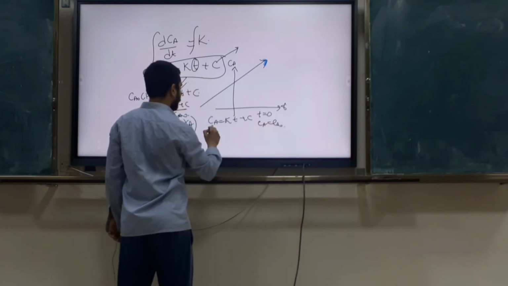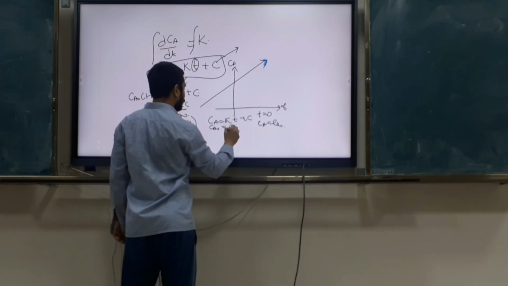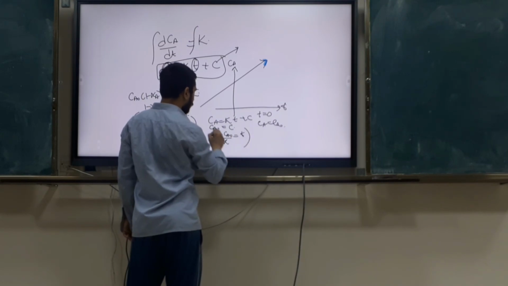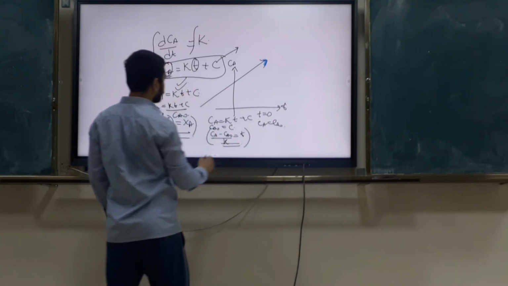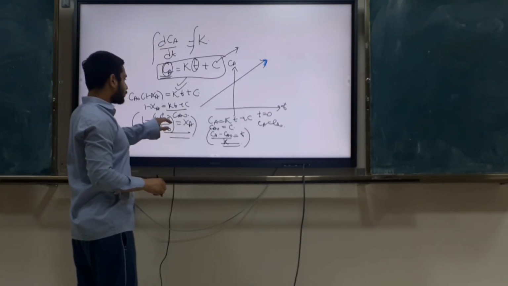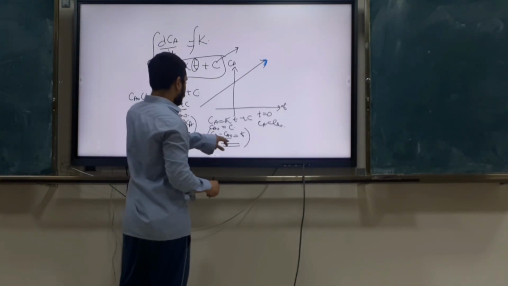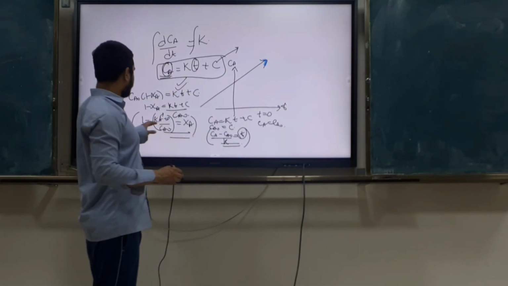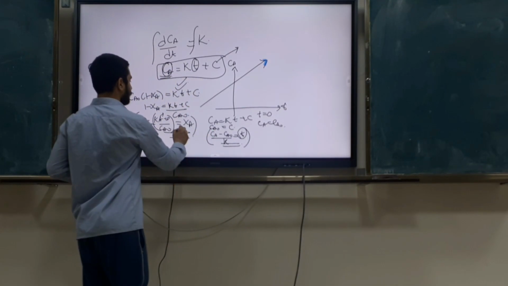So Ca naught is equal to C. So Ca minus Ca naught upon K is equal to t. So we can also find what is the time and what is the C. C is equal to Ca naught and Ca minus Ca naught by K is equal to t. So if we know the time, we can easily tell also the conversion, which is Xa.